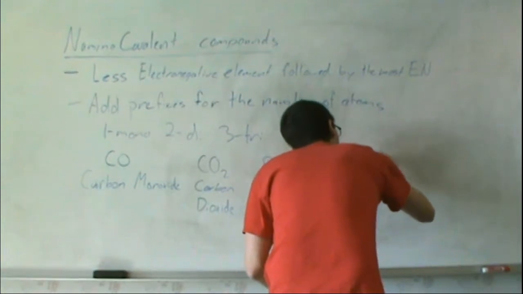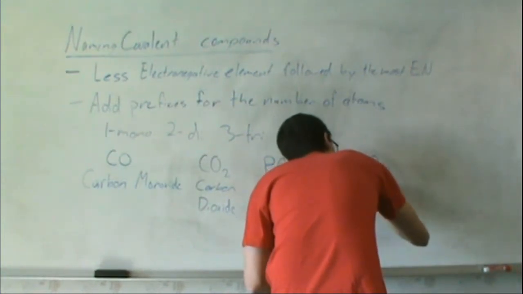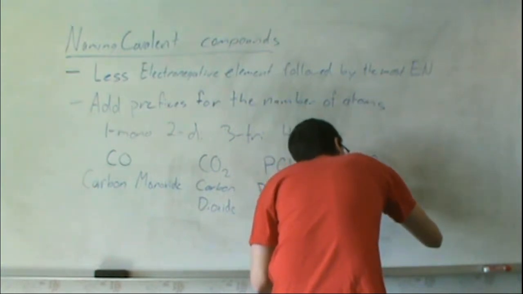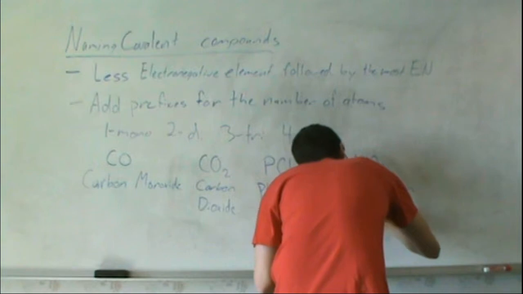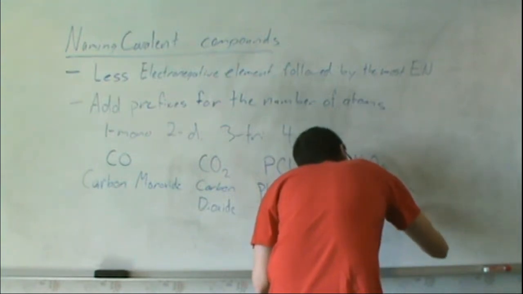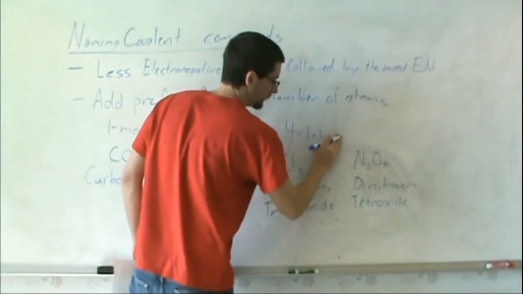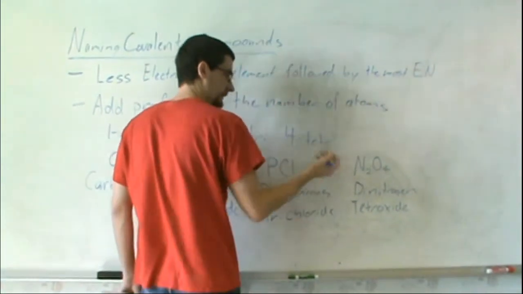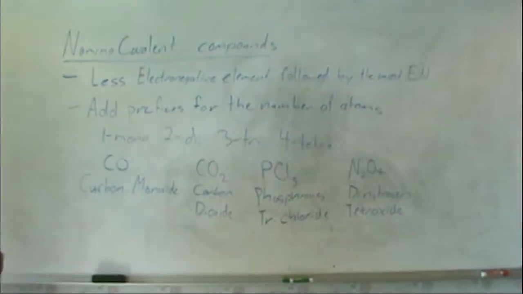And what about N2O4? This would be dinitrogen tetroxide. In this case, it can be tetro or tetra. We'll just leave it with tetra.